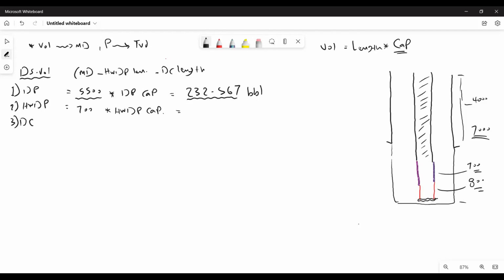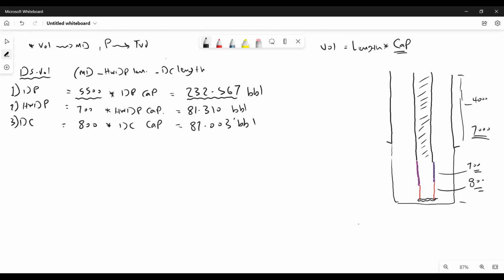So let's say the answer is 81.310. And drill collar 800 times its capacity, the drill collar capacity. So let's say the answer, for example, is 87.003.